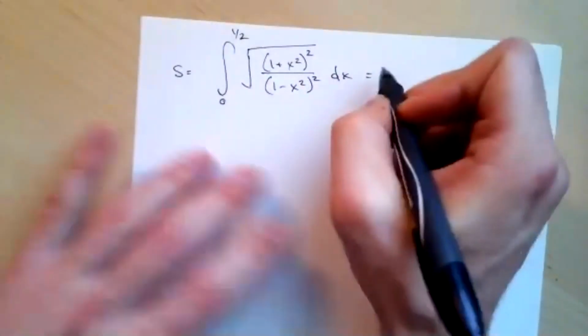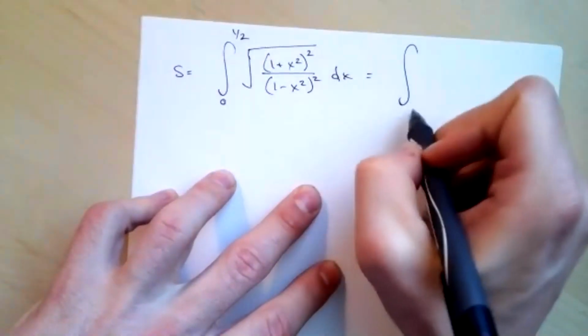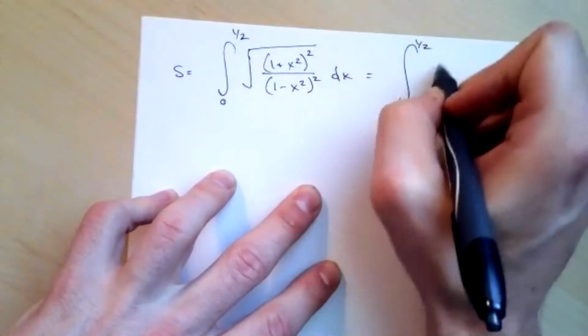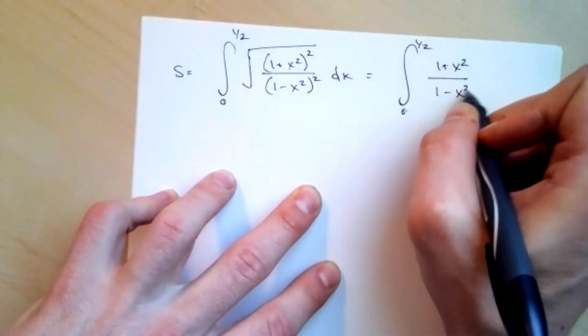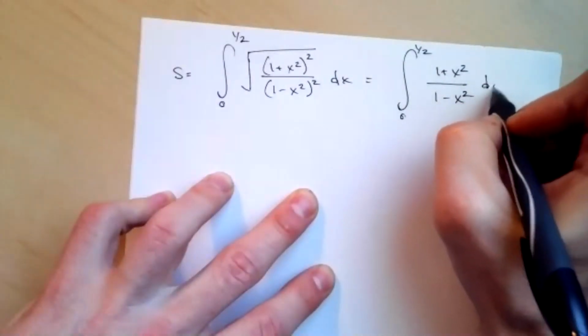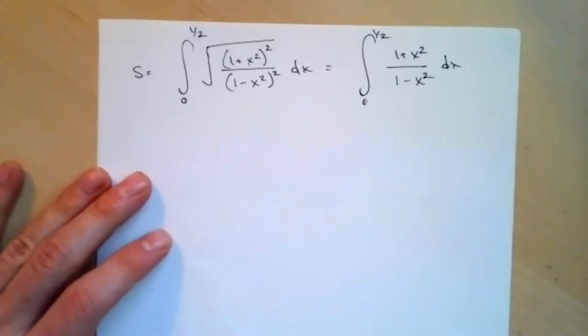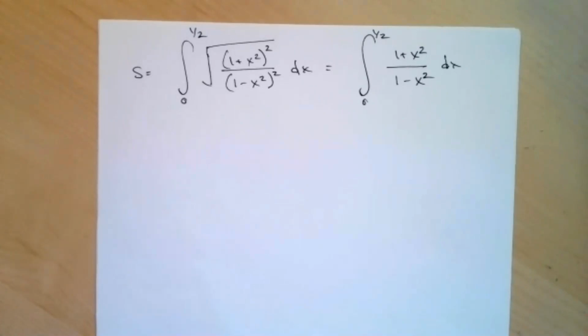The squareds go away. And we have something that looks a lot easier.